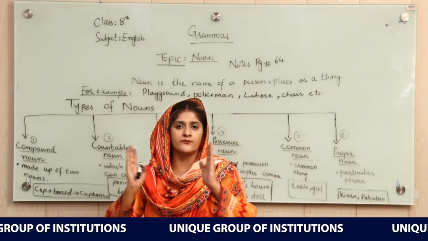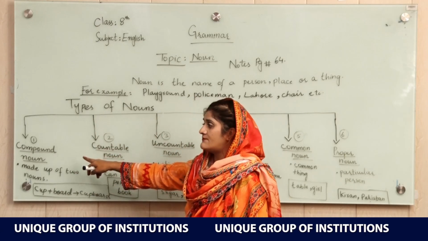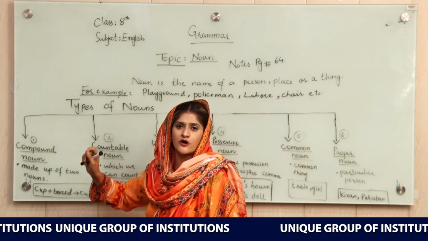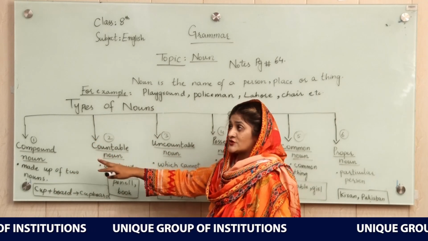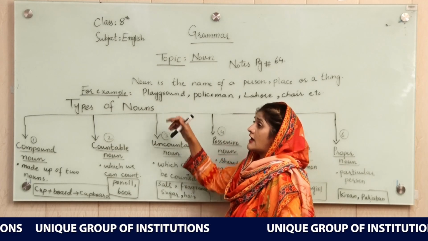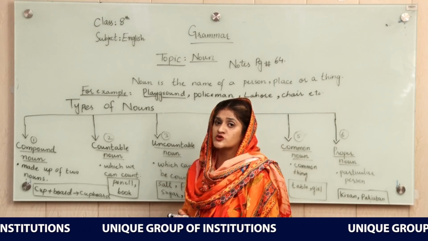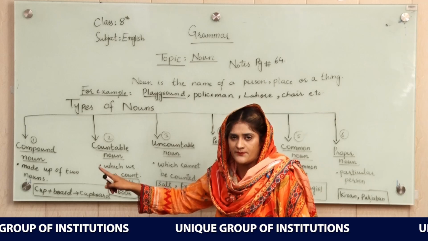When we join these two nouns together, we make a compound noun. So a compound noun is made up of two nouns. I have also written it on the board. Play and ground, these two words are separate, but if I join them together to make a new word, it comes in the category of compound noun.